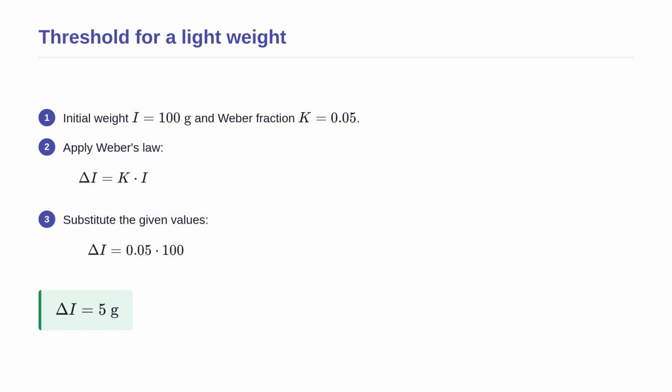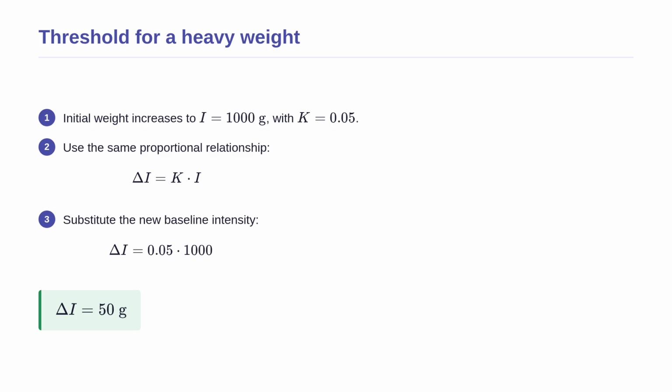We start with our standard formula, delta I equals K times I. Next, we substitute our known values, replacing K with 0.05 and I with 100. Multiplying these gives us a final answer of 5 grams. Physically, this means if you add only 4 grams, your nervous system will not register any change. You must add at least 5 grams for your sensory neurons to increase their firing rate enough for your brain to perceive it.